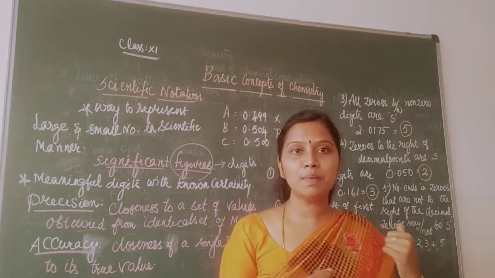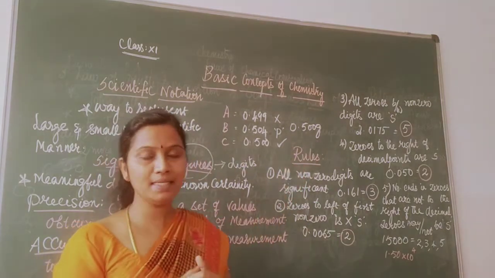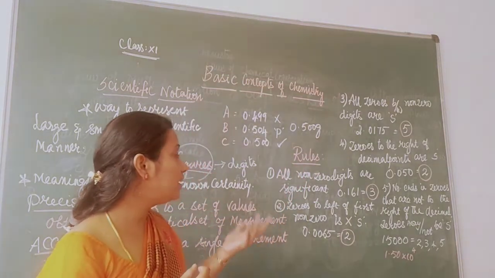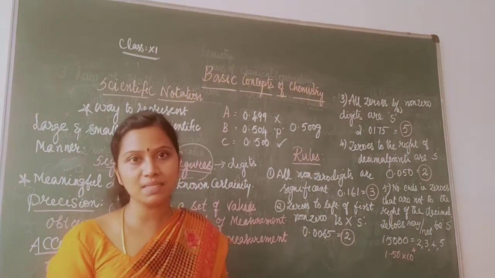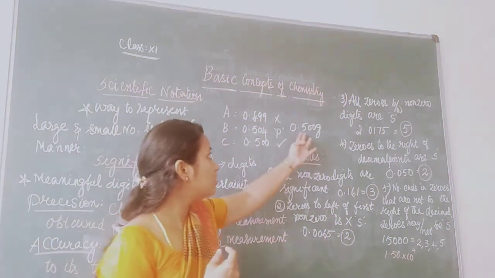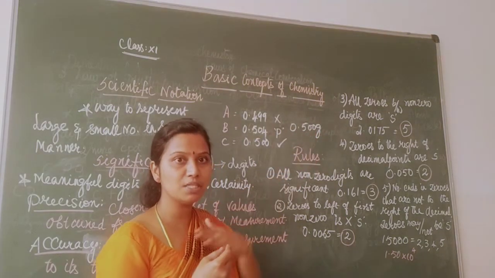I am going to explain precision and accuracy by demonstrating an example. Suppose I have calculated the mass of a particular substance, say for example ammonium sulfate or calcium sulfate, and I have measured the value as 0.500 grams. This is my value.